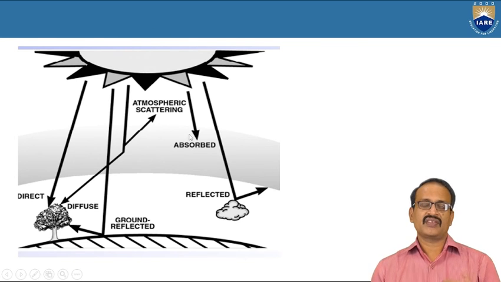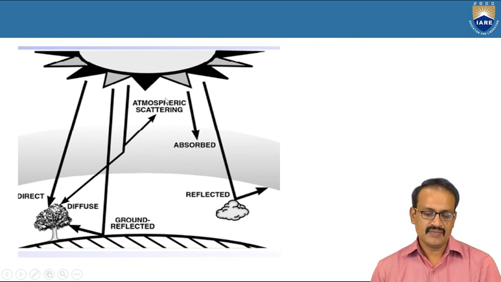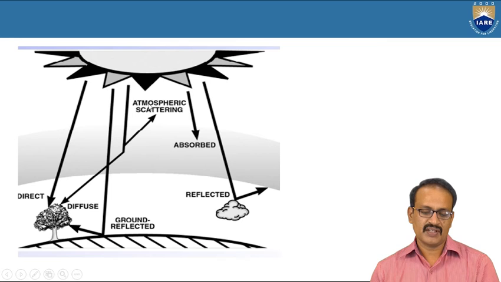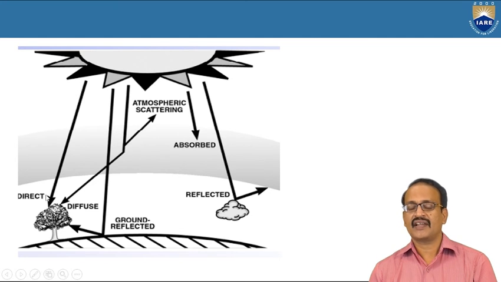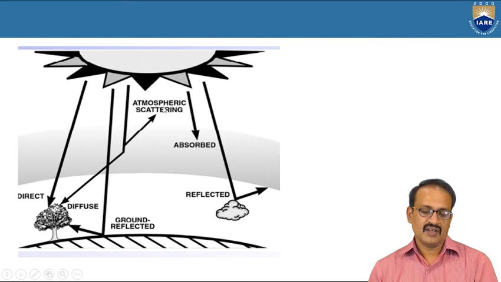So you can observe in this picture. This is the sun, this is the atmosphere, and here this is absorbed, and this is directly the direct sun rays, and from the atmosphere it has diffused.